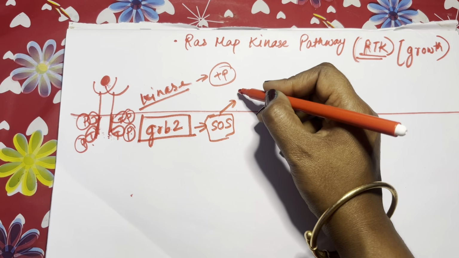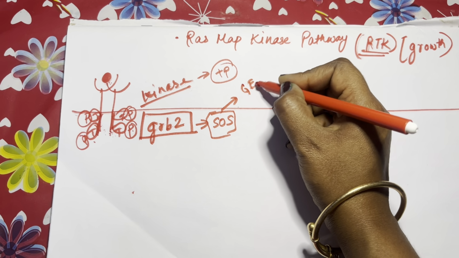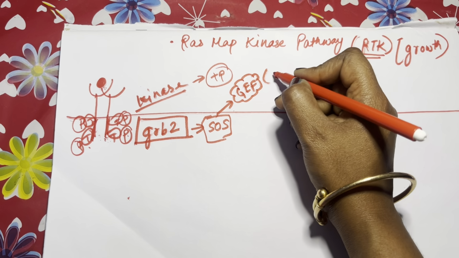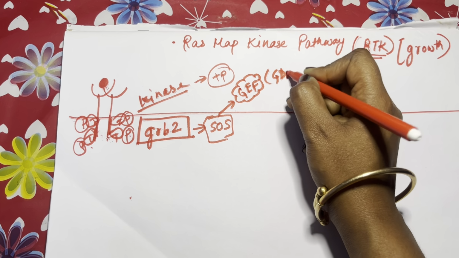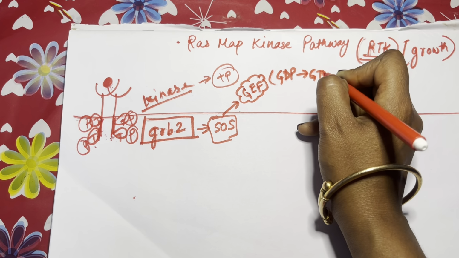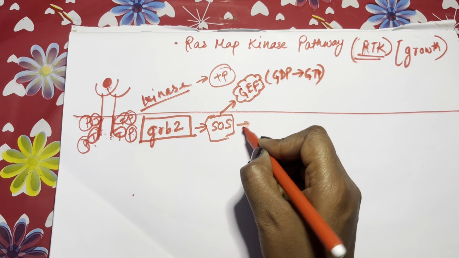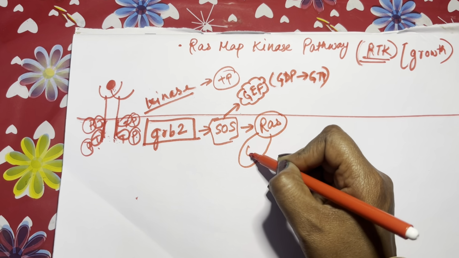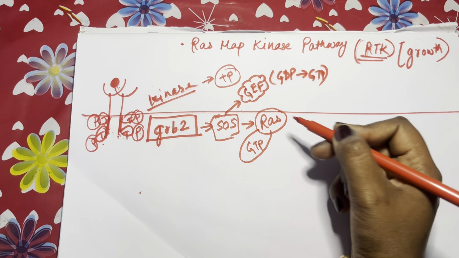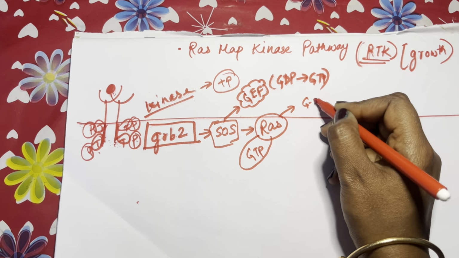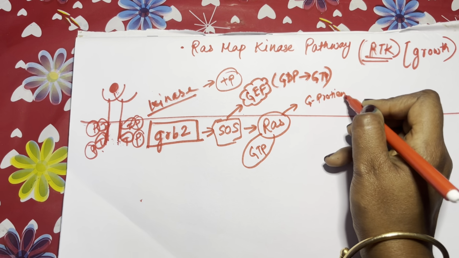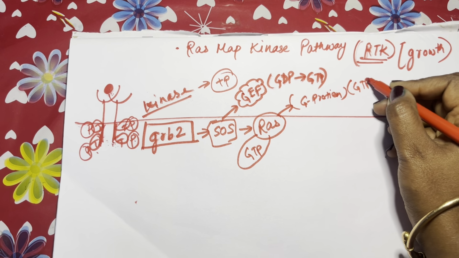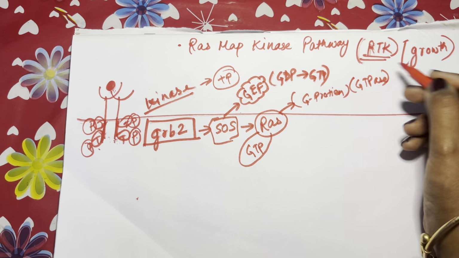GRB2 will activate another protein called SOS. This SOS is a GEF. Like I told you before also, GEFs are proteins or enzymes that can convert GDP into GTP. This SOS will add GTP on one protein called Ras protein. Ras, what is Ras? Ras is another type of G protein. Just like we had studied before, G proteins have GTPase activity and can switch between GTP and GDP.